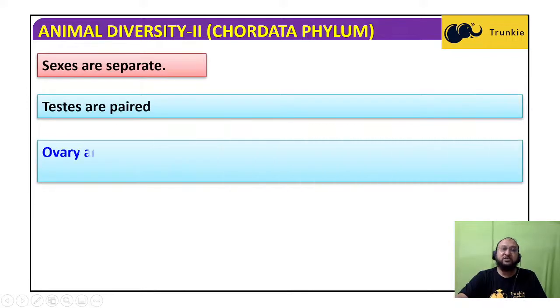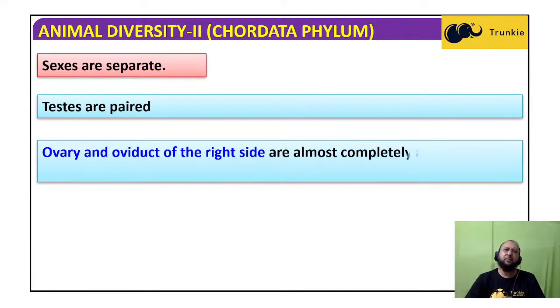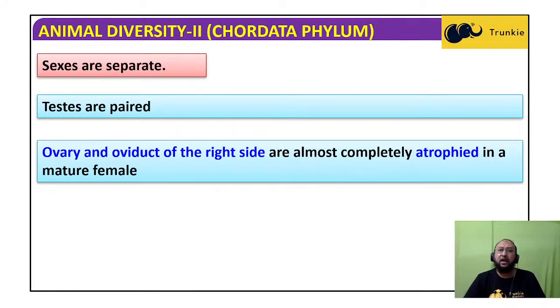Sexes are separate, testes are paired. The ovary and oviduct of the right side are almost completely atrophied in a mature female, so only the left side is fully functional. The right ovary and oviduct become reduced in size, not much functional.